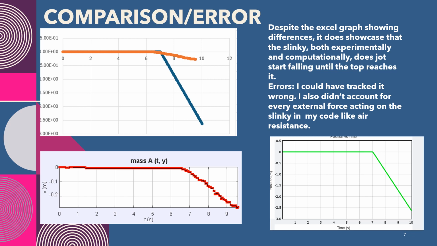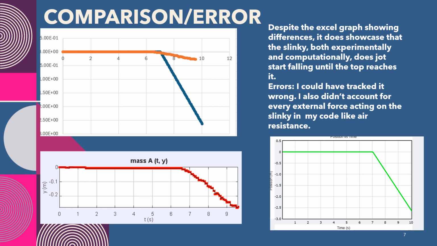The slinky is not moving at all up until roughly 7 seconds in the Excel graph. So that's what's most important to take here: that the slinky is not moving at the same time in both Tracker and GlowScript. So as you can see, despite them being different, there is something to take away from both of these graphs.